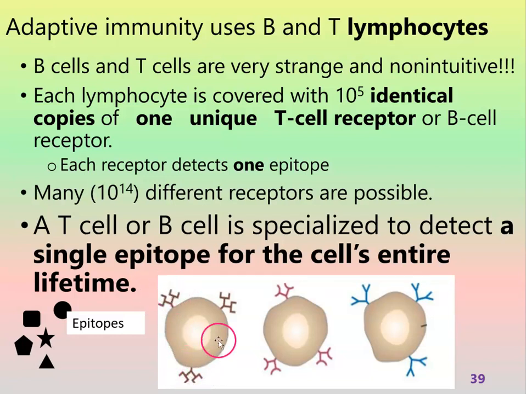And this is the same receptor, this is the same receptor. And the binding site here is shown as being rectangular. So the idea is it would detect some rectangular molecule. Whereas this one has 3 copies of a different B cell receptor that would detect some curved epitope. And this one has 3 copies of a different receptor that would detect some very pointy epitope. So practice drawing that.